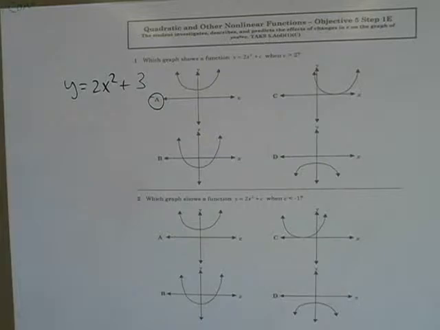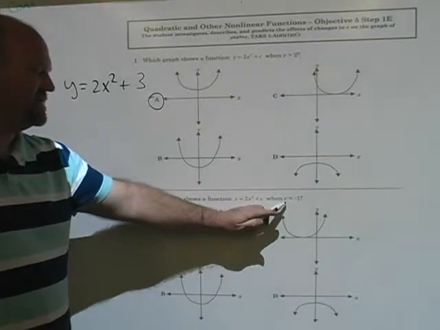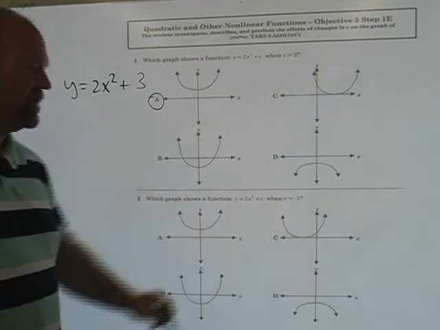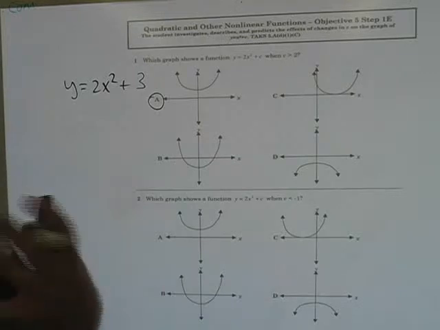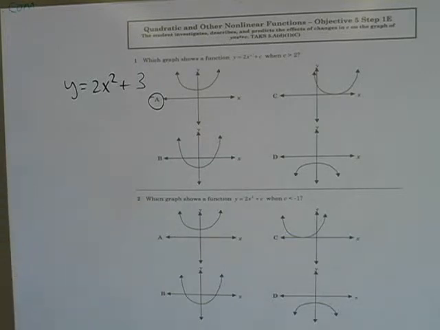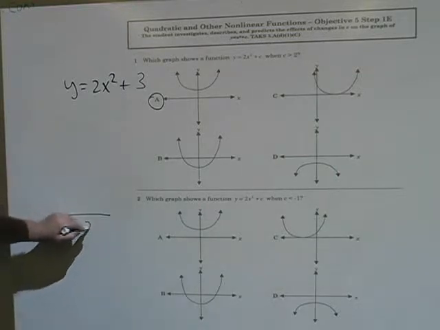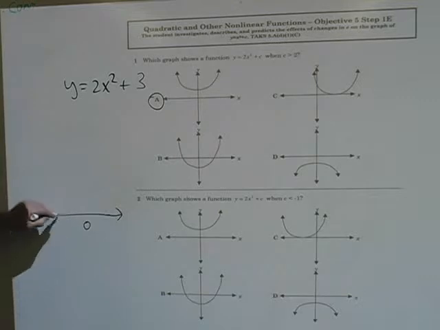Number 2 says that C is less than -1. Well, what's a number that's less than -1? A good example would be -2. Just remember, here's your number line. There's -1.